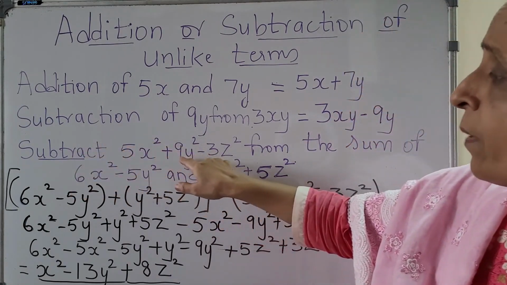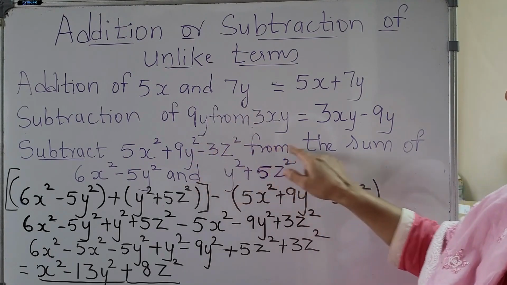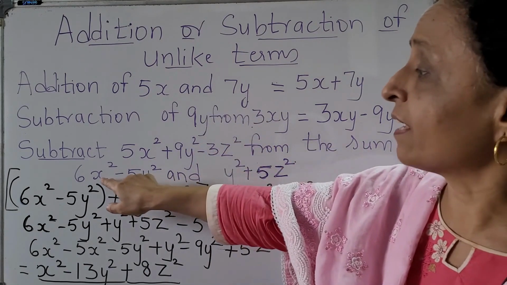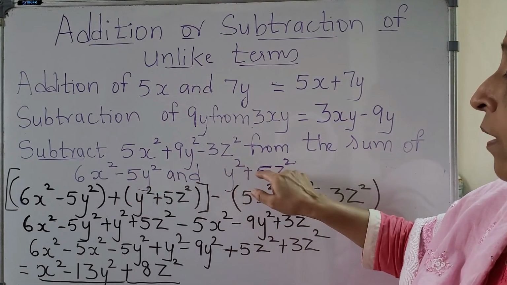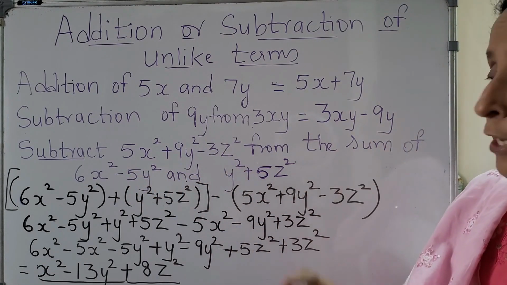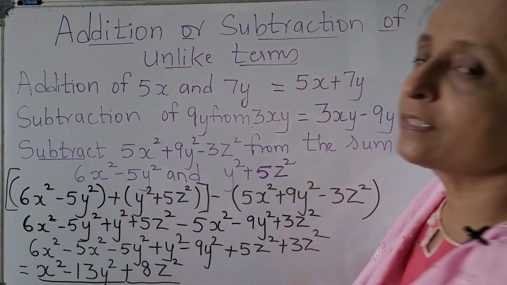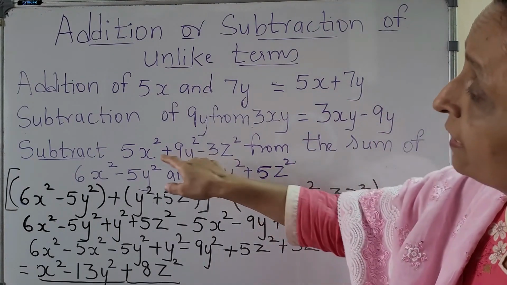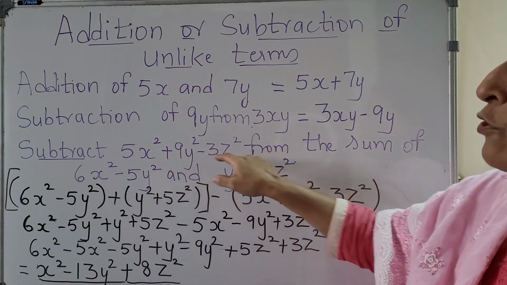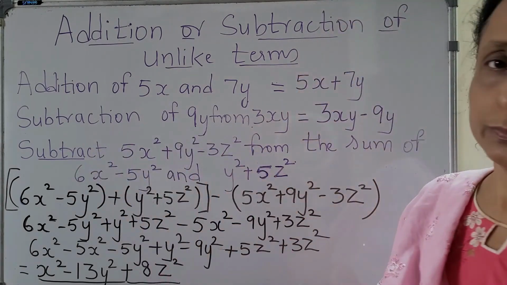Now, subtract 5x square plus 9y square minus 3z square from the sum of 6x square minus 5y square and y square plus 5z square. So the sum of these two polynomials has to be taken. They have to be added. And this expression has to be subtracted after adding these two.